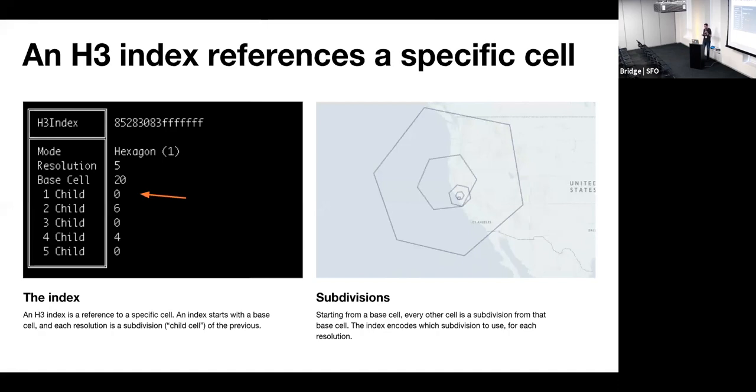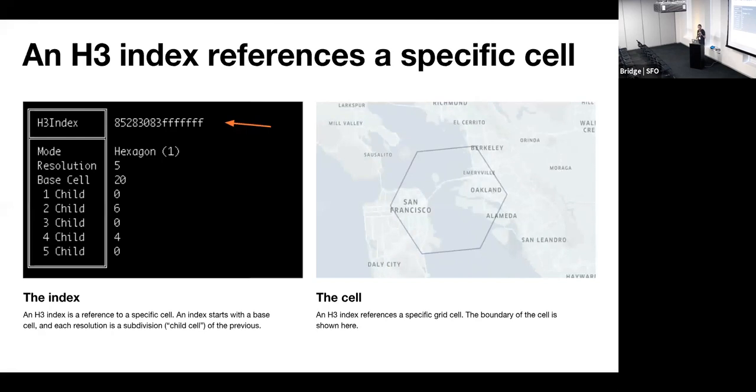So for the first subdivision, we happen to be taking the center, and the center happens to be referred to with digit 0. And then within that, we're subdividing within it, and subdividing within it, and so on, up to the resolution of this specific H3 index. And once we perform all those subdivisions, we find a specific cell that this H3 index is representing, which happens to be part of the San Francisco Bay Area.